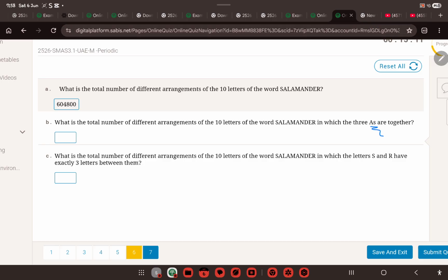What is the total number of different arrangements of the 10 letters in which the 3 A's are together? Since the 3 A's are the same, we don't multiply by anything in the beginning.